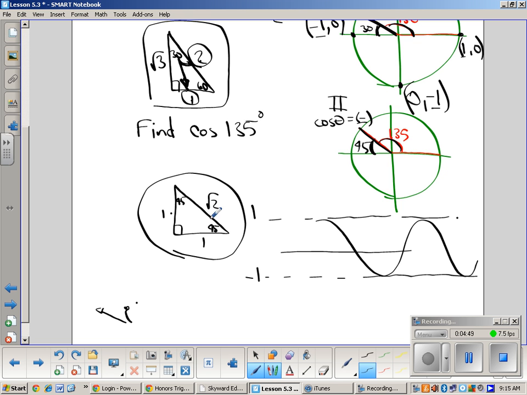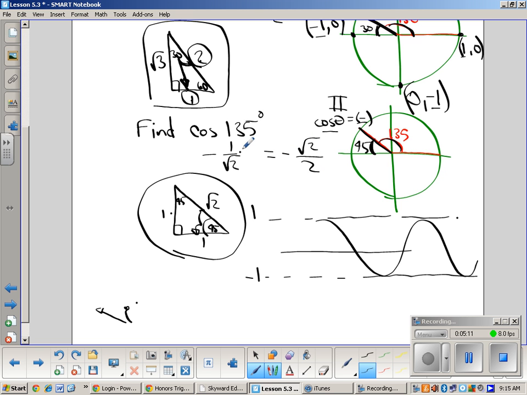So adjacent to this 45 is 1, and hypotenuse is square root of 2. And we said cosine's negative, so we get negative 1 over square root 2. And if I rationalize, that's what? Negative square root 2 over 2.